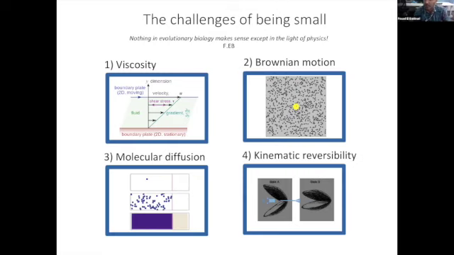As Anna said, there is Brownian motion. They are constantly bombarded with particles and they are moving. There is molecular diffusion that will limit their nutrient uptake and access to nutrients. There is also kinematic reversibility, as I said, where your movements cannot be back and forth.